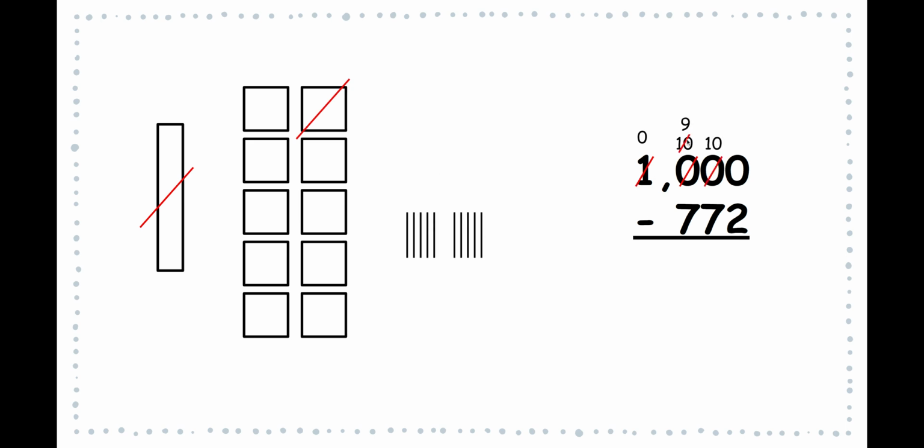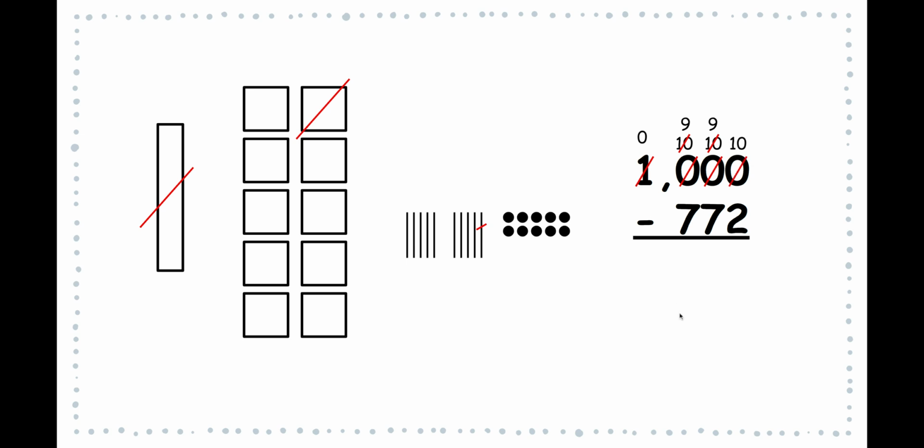So I took away the 100. That gave me 9 100s. I can see it here in my model. Now I have 10 tens, but I still haven't solved my ones problem. What do I need to do now, class? Of course, I need to take a 10, and that will give me 10 ones.